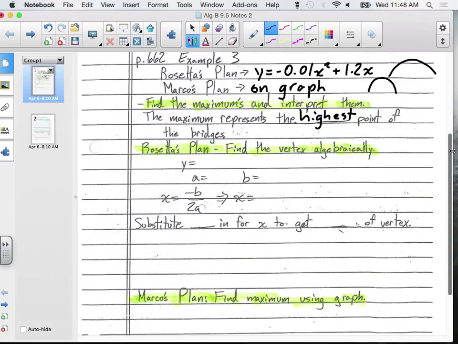So, in order to find the maximum for Rosetta's plan, that's the one we're going to be dealing with first, we have to write down our equation for it first. A is negative 0.1, okay, B is 1.2.